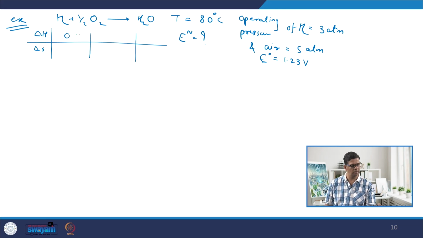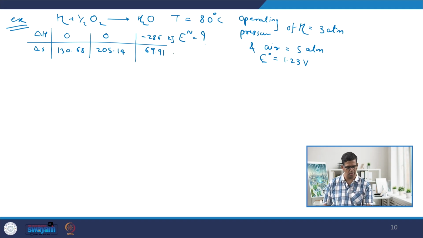For hydrogen it is, and oxygen is 1, and then this is minus 286, this is all in kilojoules per mole on a molar basis, and entropy is, let me confirm this, yeah, it is 130.68, then this is 205.14, and this is 69.91, this is all in joules per mole per Kelvin.